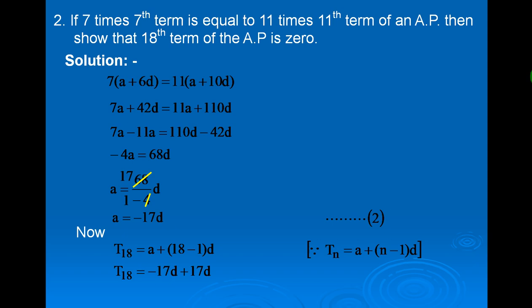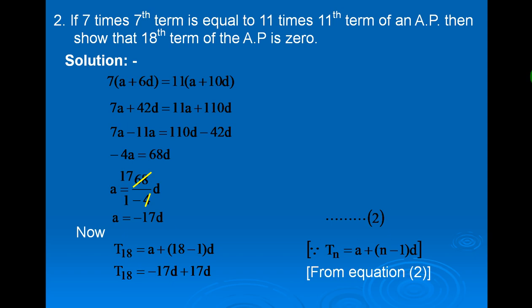Again, we know that Tn is equal to A plus (n minus 1) into D. Therefore, T18 is equal to A plus 18 minus 1 into D. Putting the value of A from equation 2 and solving 18 minus 1 equal to 17, we get T18 is equal to minus 17D plus 17D.